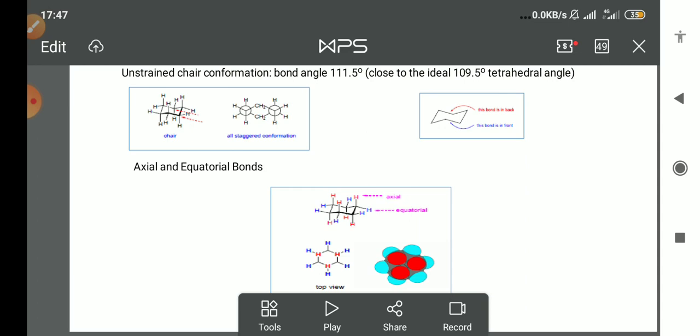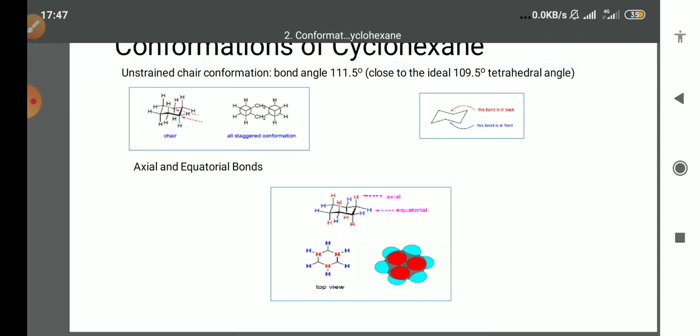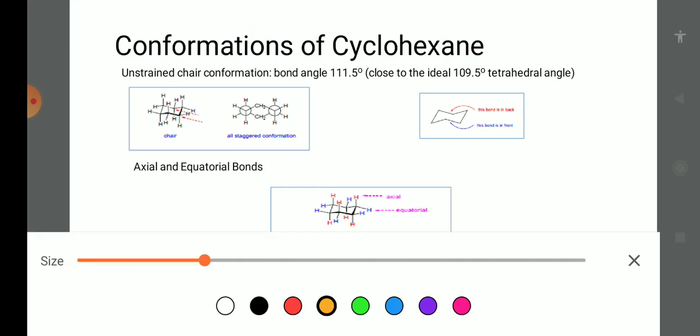Here two terms are there, the axials and the equatorials. Axials, and the second one is equatorial. What is the meaning of that?